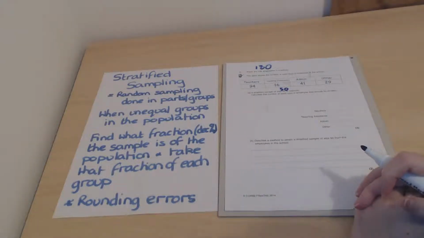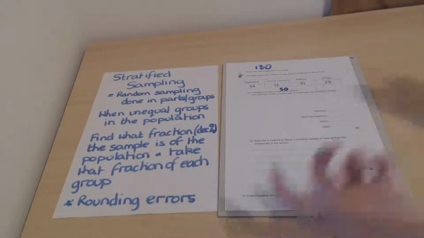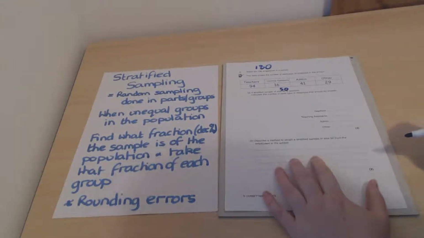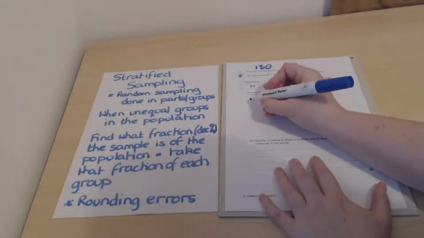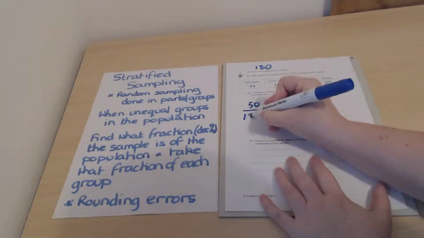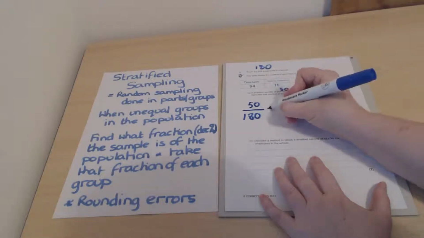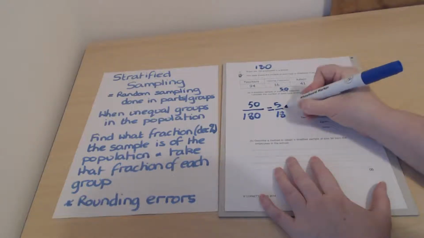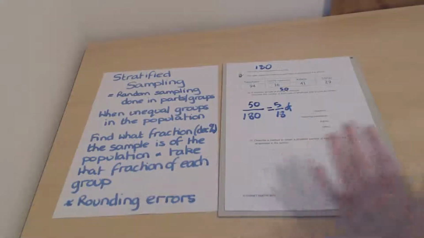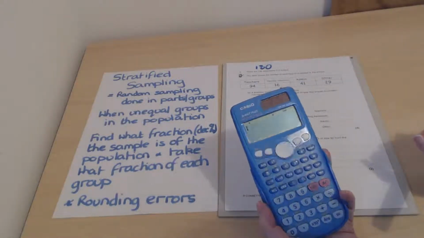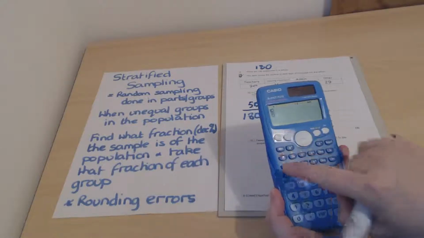And we've got to work out how many we would need from each group in order to do a correct sample. So we're going to find that fraction to start with. So the sample size is 50 and the population size is 180. So I think you can see here that we want 5/18 of each category.